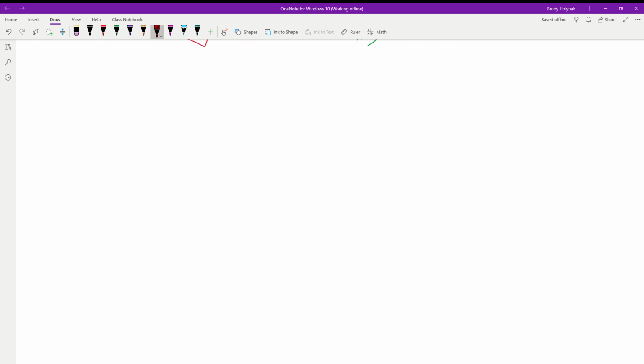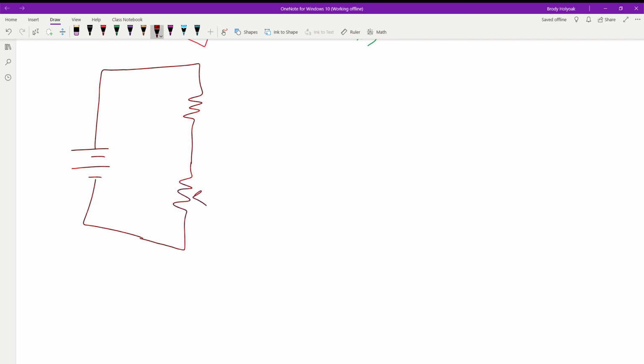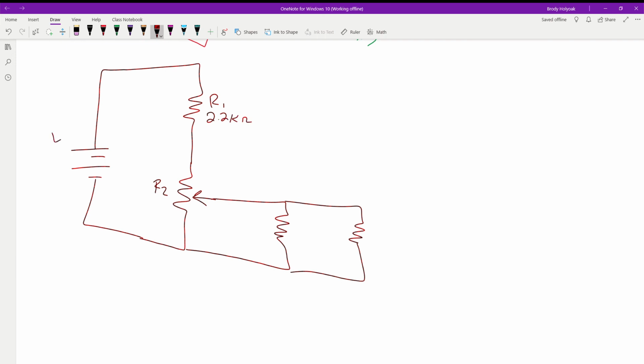So our circuit that we have is this. We have R1. We have our potentiometer here. And then we have two resistors in parallel to our potentiometer. R1 is 2.2 kiloohms. We have 47 volts.